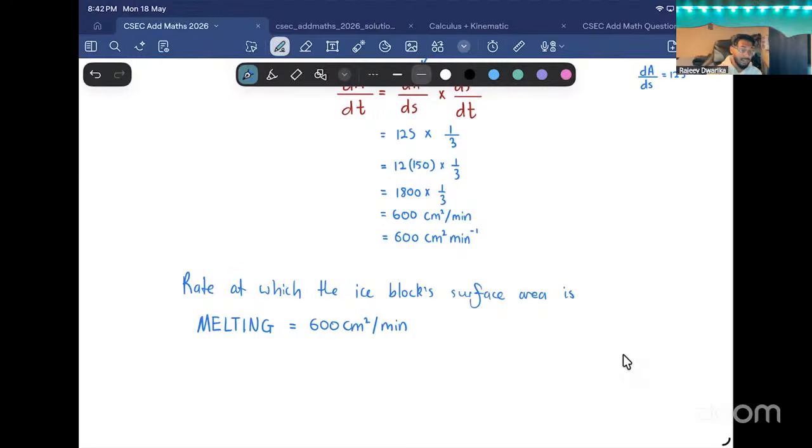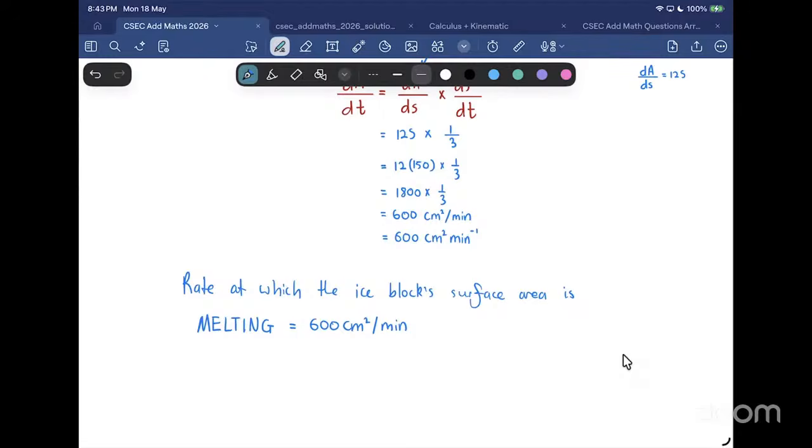So Virginia, you understand that if something is melting, that implies the area is decreasing? Yes, sir. If I tell you I'm balding at a rate of 5 hair strands per hour, in your head, would you think of me as gaining hair or losing hair?